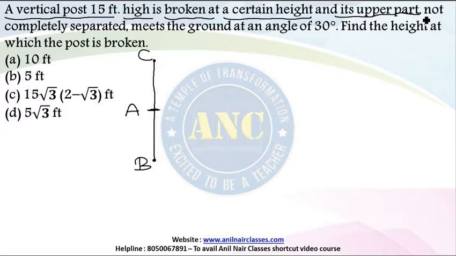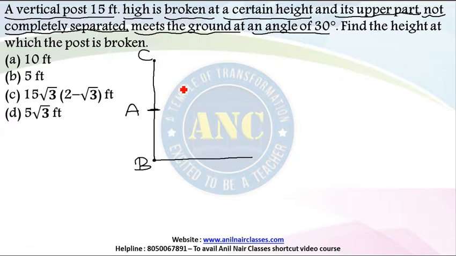The upper part is not completely separated. It is not completely removed. It meets the ground at an angle of 30 degrees. This is the ground, I will name this point C. Initially, let it be like that.